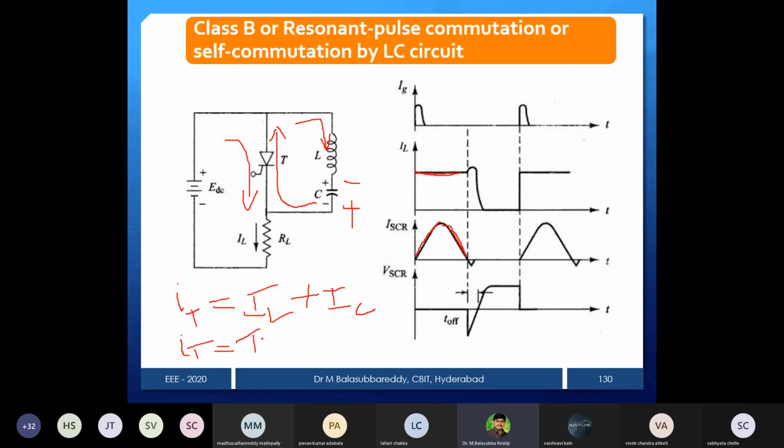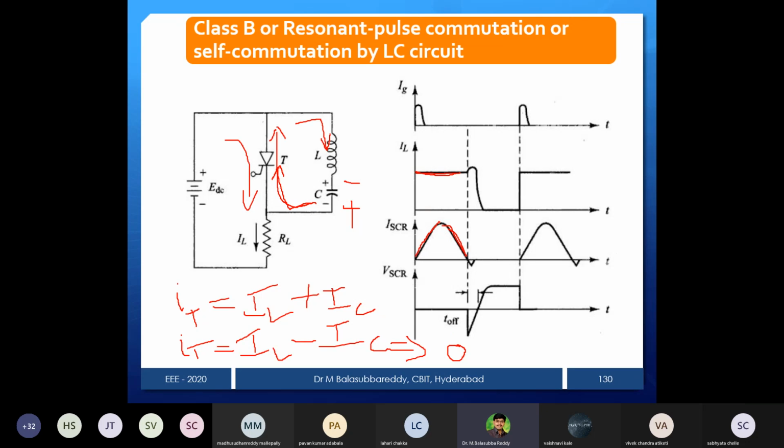IL is fixed, meaning the load current, minus IC. Why? Because this current is passing opposite to the main thyristor current. Therefore, the resultant current must be 0. Then only the thyristor is going to be turned off. When the capacitor current gradually increases and equals the load current, then the resultant current will be 0.